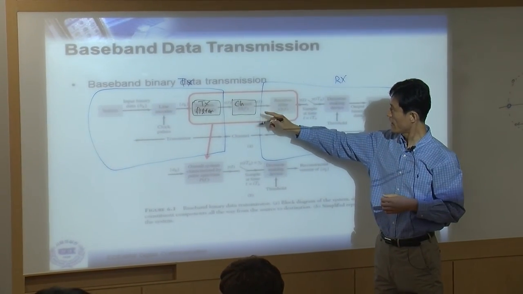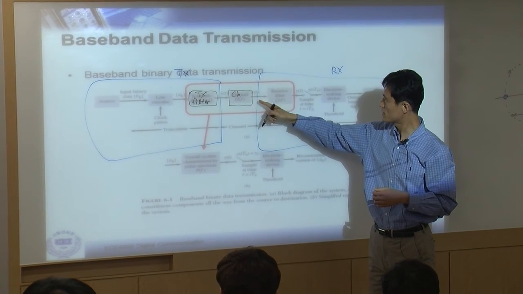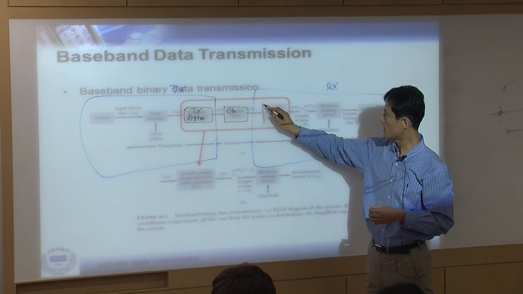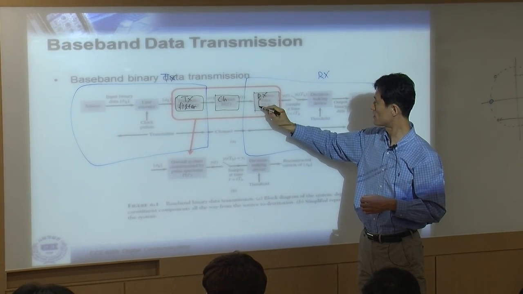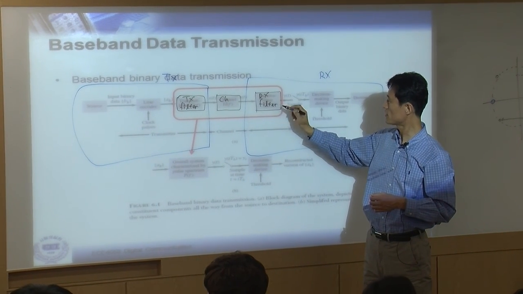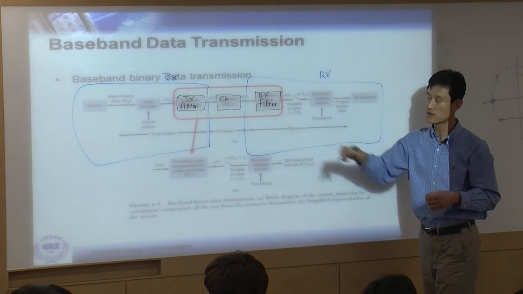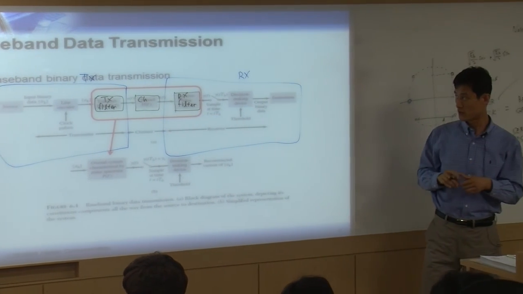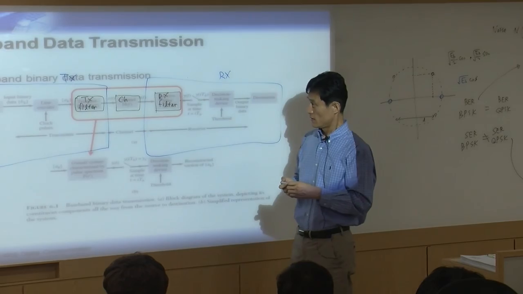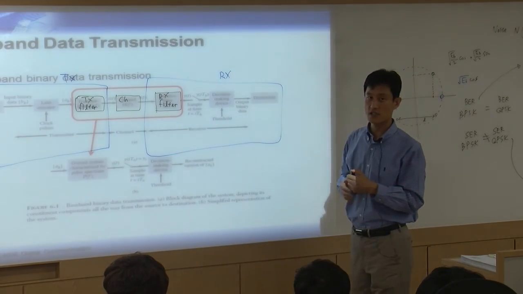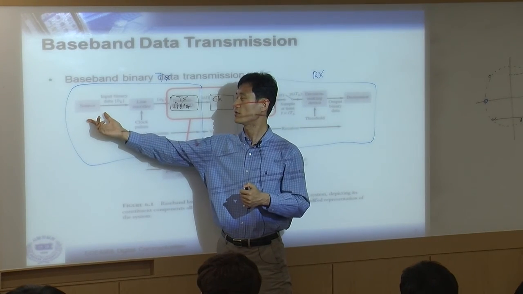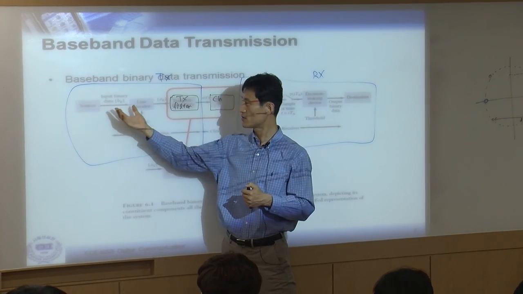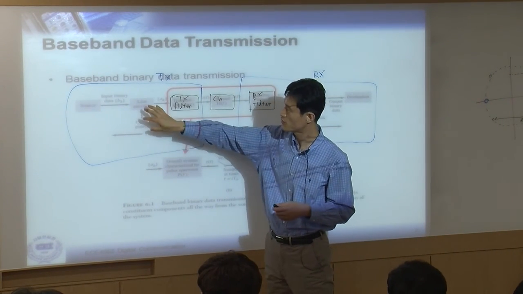After the channel, we receive the signal through the antenna. Right after that, we have the receive filter. The receive filter is part of the receiver. So this is the first block at the receiver. This whole thing is done sequentially. You have original information to transmit. You put the original information into the line encoder or some kind of modulation.